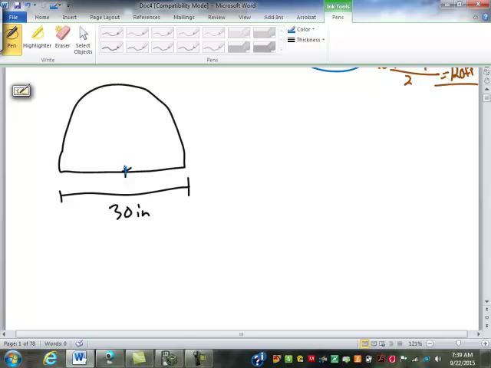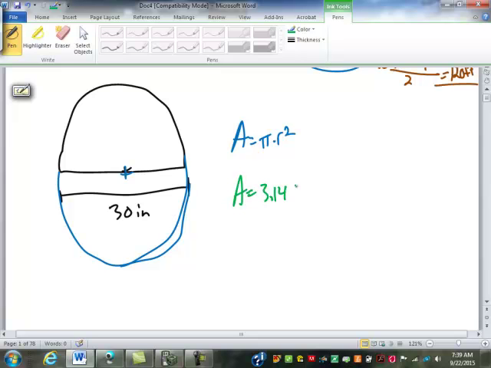It's supposed to be a half circle. When you put that in there, that means it's the center. If it were a full circle, how would I do it? The area would be pi r squared. Very good. So for this circle, that would be pi times what squared? 15 inches squared.